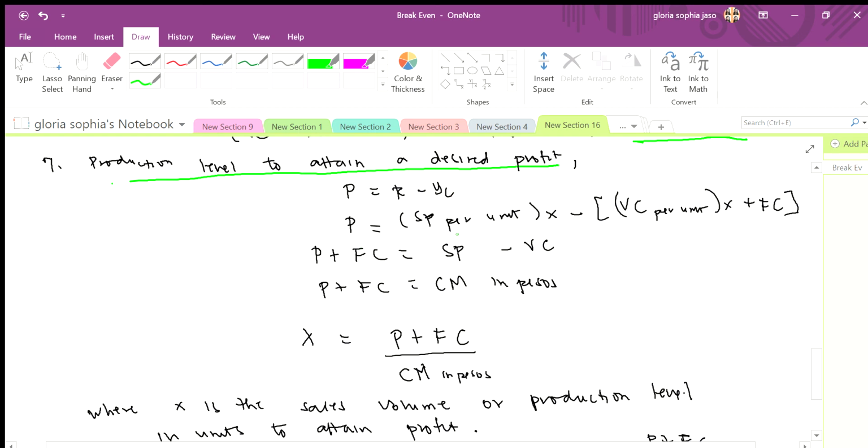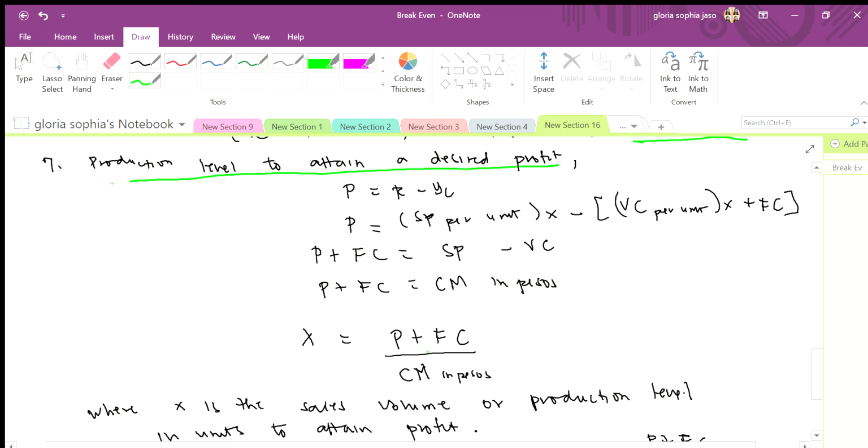Substituting it, P is equal to the selling price per unit times X minus YC, or the total cost, which is variable cost plus fixed cost. Simplifying it, transposing FC to the other side so it becomes positive, we will have this equation.